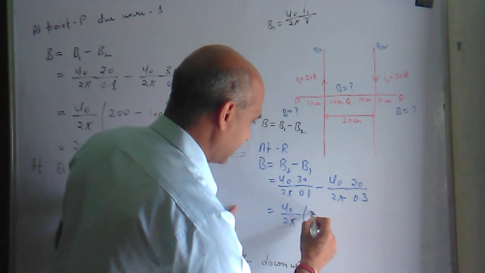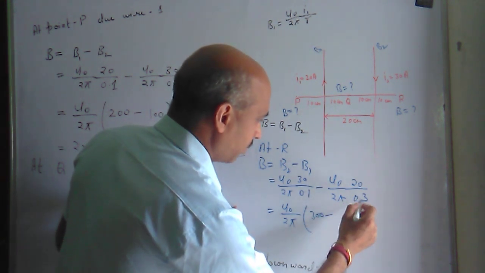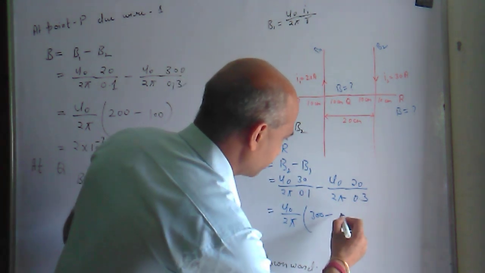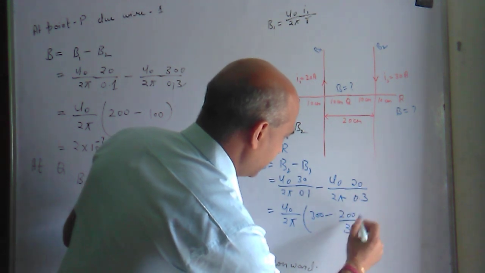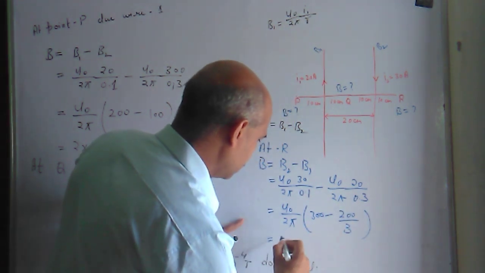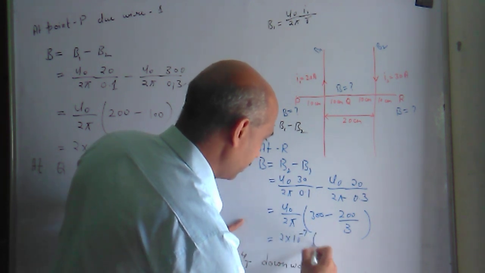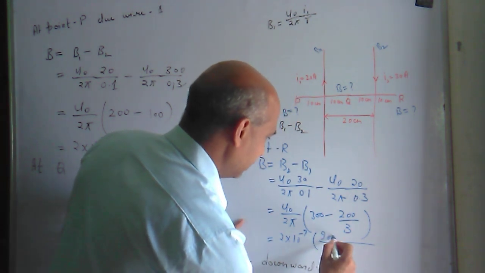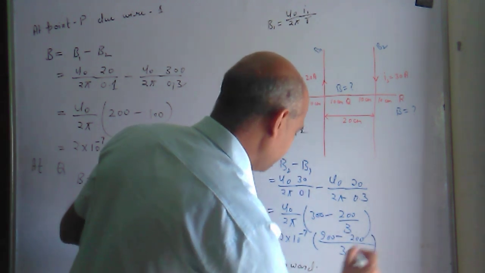From here we are getting 300 minus 200 upon 3, removing the decimal point. So on solving this, we put the value 2 into 10 to the power minus 7. LCM is 3, so it will be 900 minus 200.